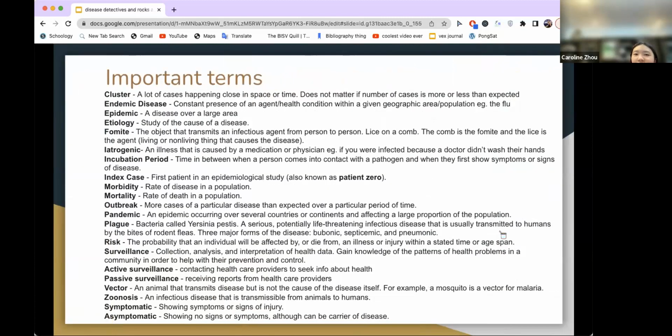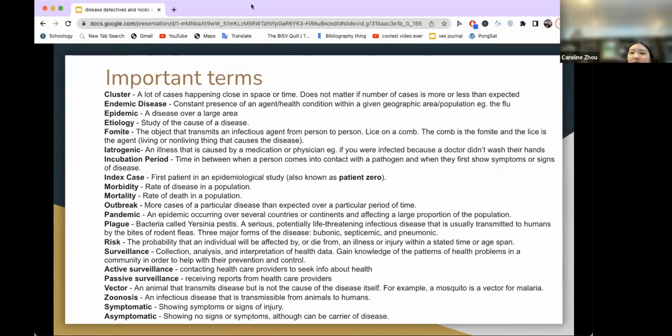Here are a lot of important terms. A cluster is a lot of cases of a certain disease happening close in space or time. It does not matter if the number of cases is more or less than the expected number. An endemic disease is a constant presence of an agent or health condition within a given geographic area or population.